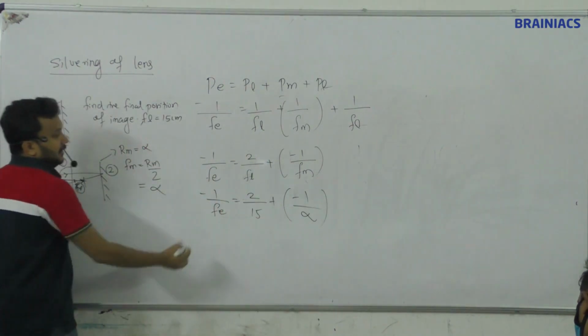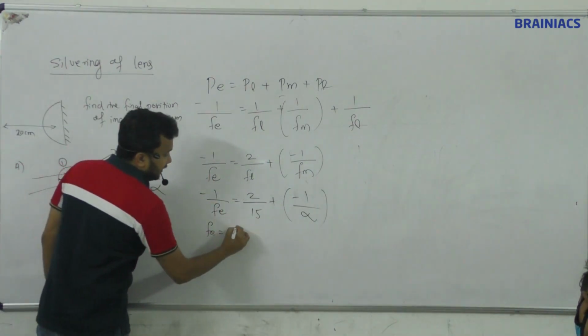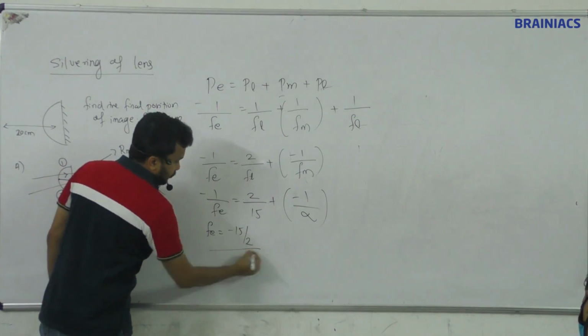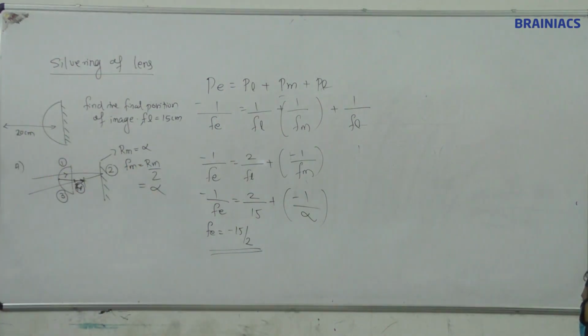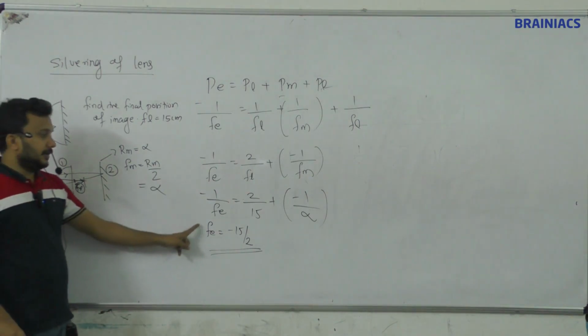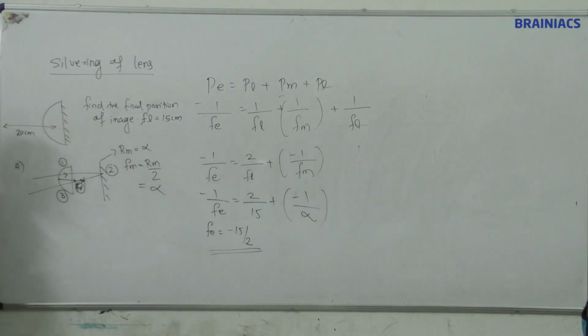So what's coming? Fe equals minus 15 divided by 2. Correct? Equal to minus 15 divided by 2.